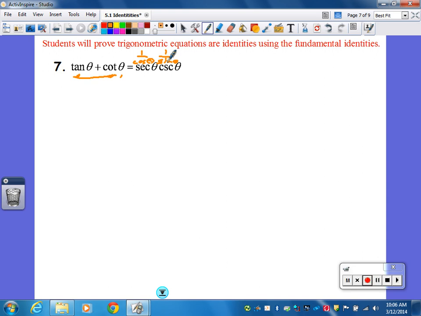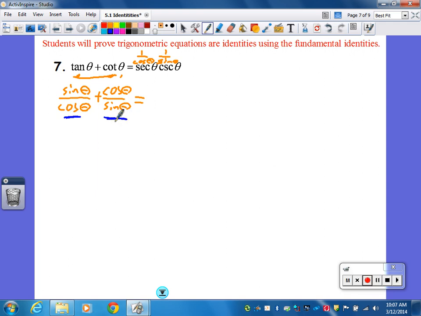Okay, so we know that tangent theta is sine theta over cosine theta. So now I'm going to do cotangent, which is cosine theta over sine theta. Question, can we add those two? I hope you're saying no, because our denominators are not the same. Cosine is not sine.